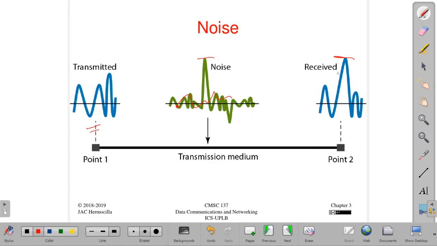So that's why when there is a thunderstorm, usually you are asked to switch off your electronic devices, because the signals will be affected. So that's a sample of impulse noise.